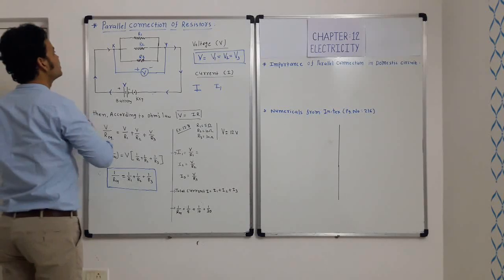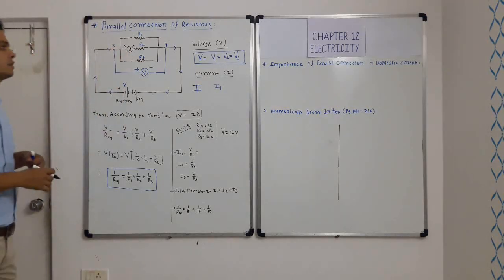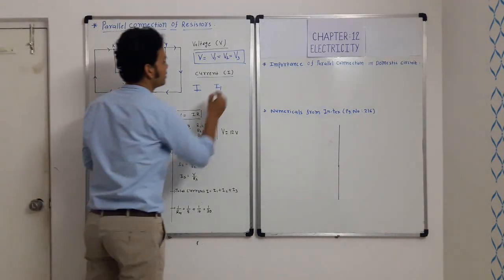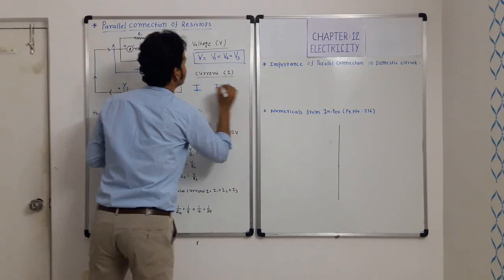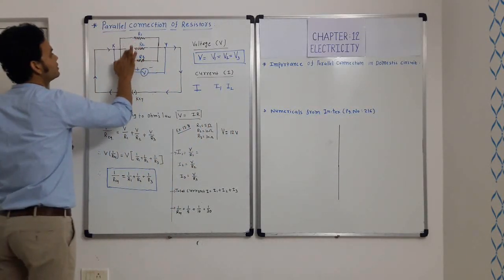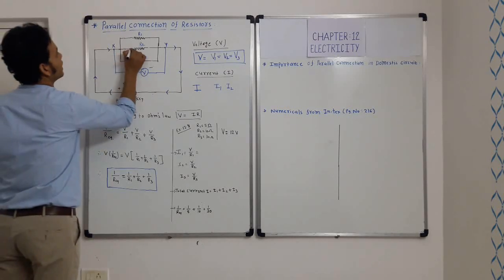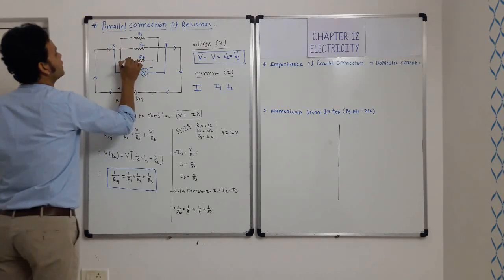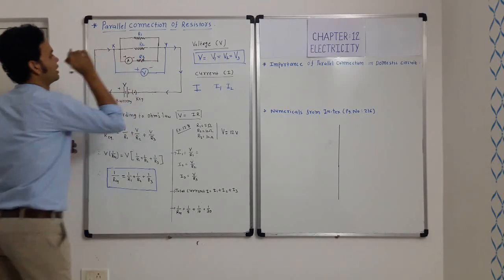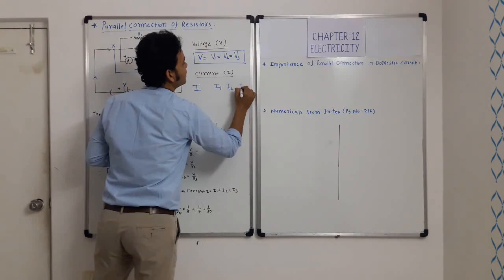So once again the ammeter is here, plus minus, and I am measuring the current, and let's say that current is I2. Finally, I am disconnecting it from here as well and connecting it here, plus and minus, and that current value is I3.